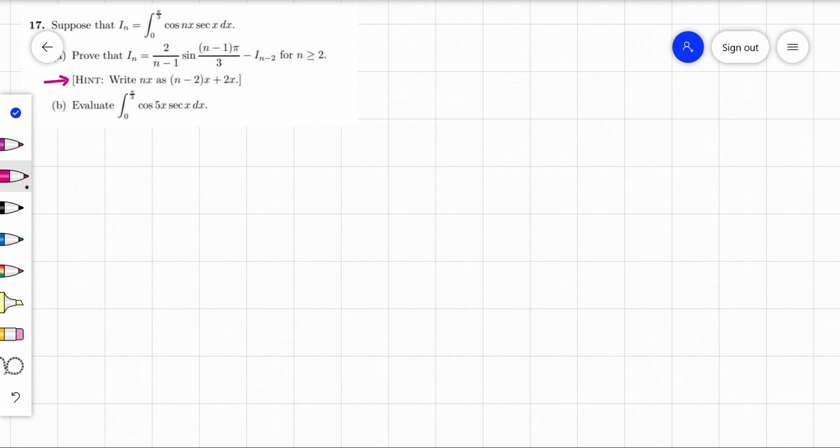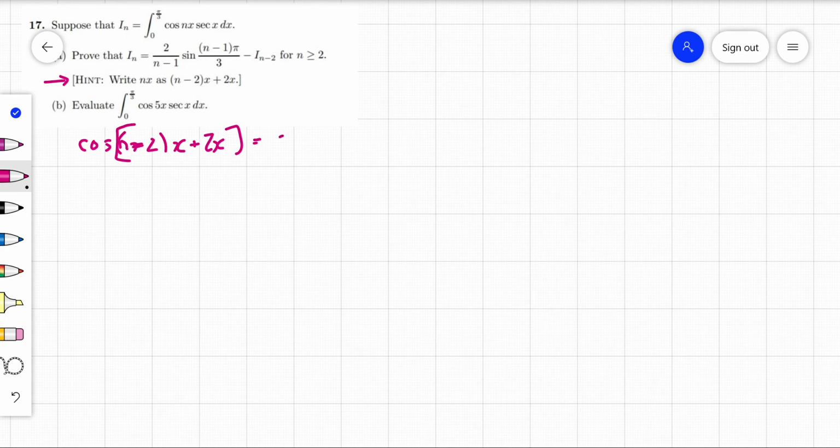All right, so if I do that then, my In is going to equal, so I'm going to break it up. So inside here, I've got cos nx, which I'm going to make n minus 2x plus 2x here. So compound angles here.